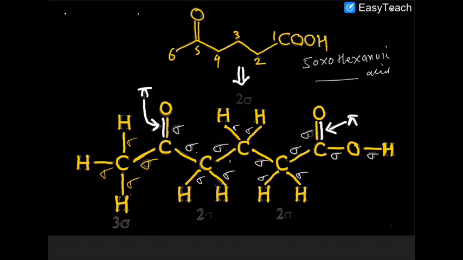So you can see there are 18 sigma bonds and 2 pi bonds. So 18 sigma and 2 pi. You can easily see how many sigma and pi bonds are here.